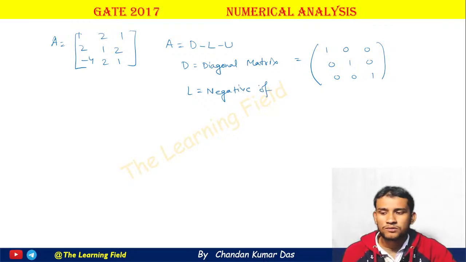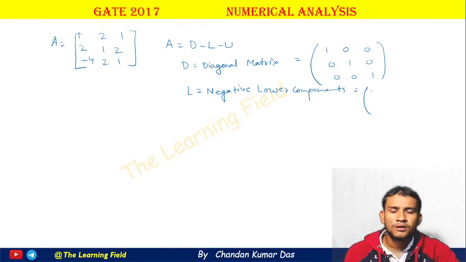L is the negative of the lower components, which we write as 0 0 0, minus 2 4 0, 0 minus 2 0.